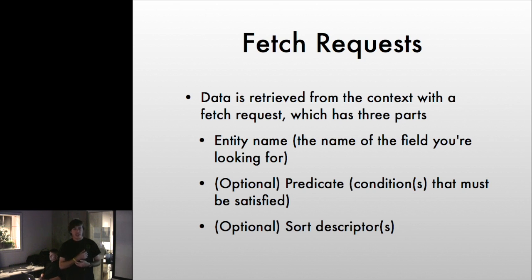You can optionally pass a predicate, which is some condition or conditions that need to be satisfied by the values you get. So if I wanted all employees whose first name starts with J, the entity would be name, and then I could have a predicate that the first character has to be J. And then lastly, one or more sort descriptors, so that when you get data back, you define what order you want those to come back in, so that you can run through those results.